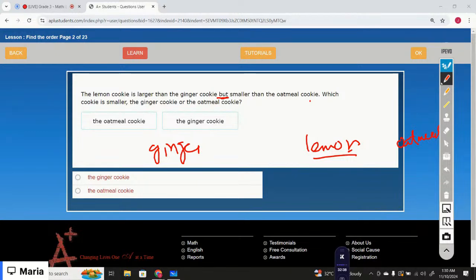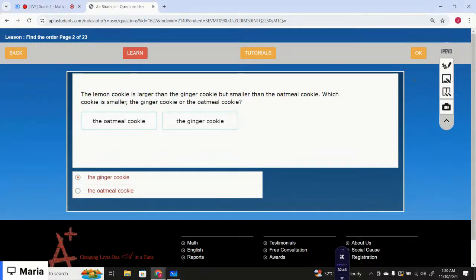So the ginger cookie is the smallest. Option number one is the correct option.